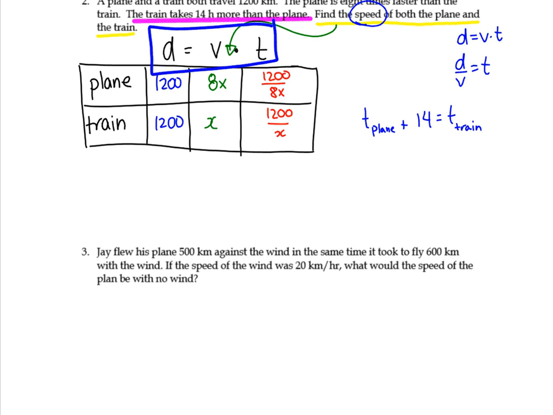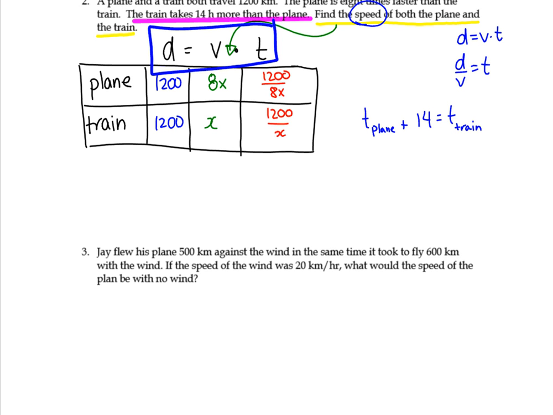Another way you could have set it up is a difference equation. You could have taken who's longer, so the train minus the plane equals 14. That would work too. Or you could have done the train's time minus 14, because we're trying to make an equality statement. So let's fill this in now.